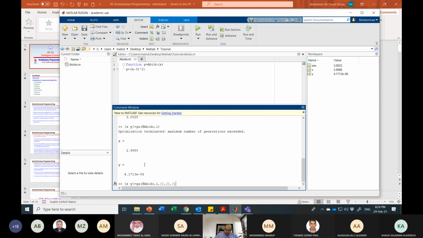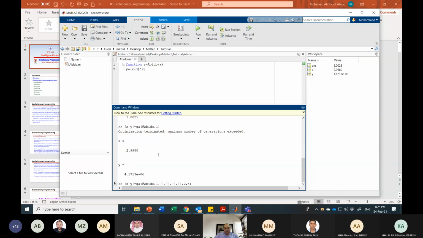Let us assume we don't have any equality constraints, and we will set here the lower bound. Let us put it equal to 2, for example, and the upper bound, let us put it 4. Hopefully the solution generated here is very close to 3, closer than this one.